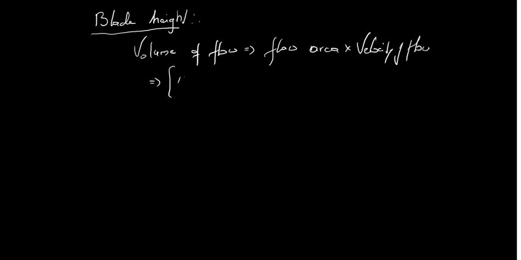Now I'll write the relation I know for the flow area. Since it is circular, pi d suffix m. What is this d suffix m? Mean blade diameter. Through this area, having a certain height, the steam is flowing with a velocity of V suffix f. V suffix f represents the velocity of flow. The flow area is represented as pi multiplied by d suffix m into h.